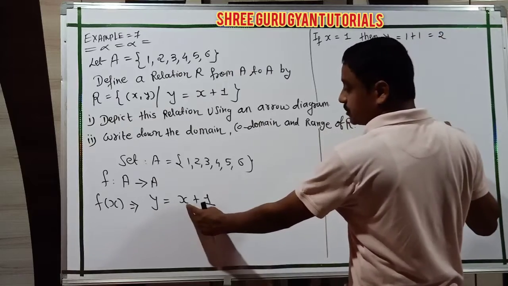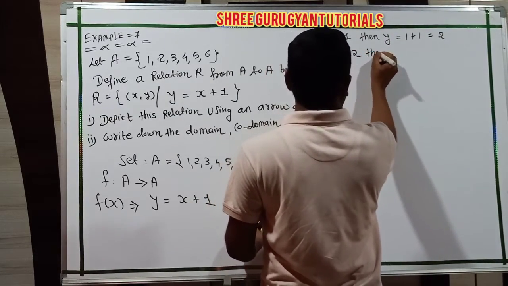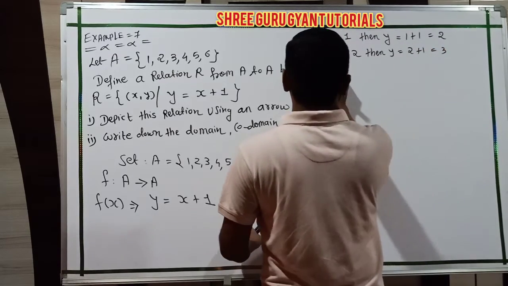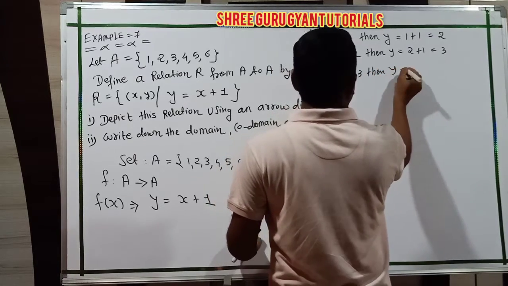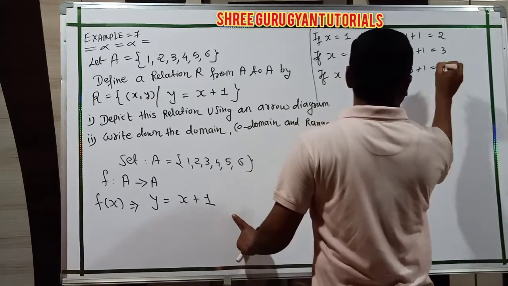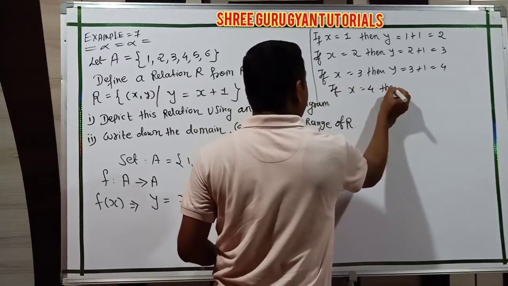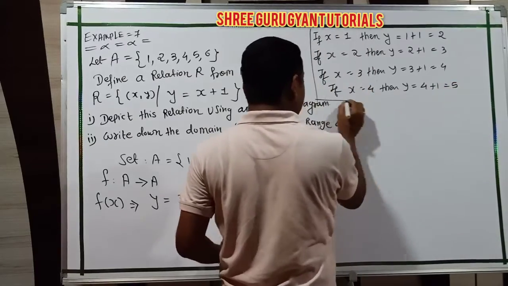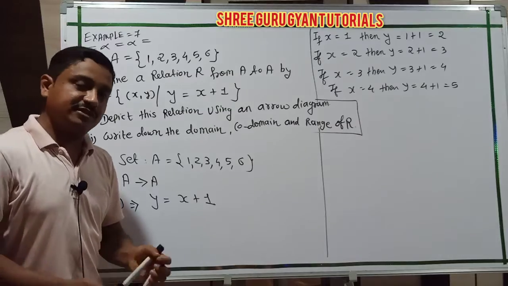Here, students, if x is equal to 2, y is equal to 2 plus 1. If x is equal to 3, it is 3 plus 1. Same as if x is equal to 4, it is 4 plus 1. Continue till the value 6.